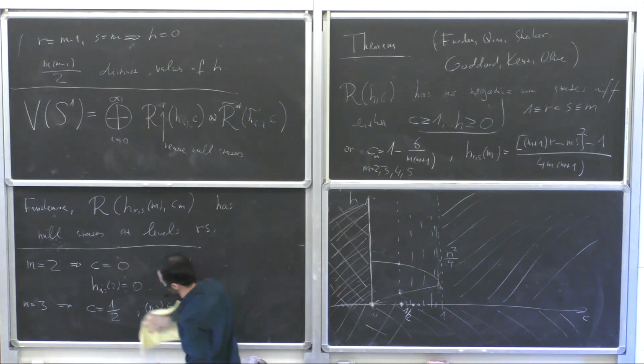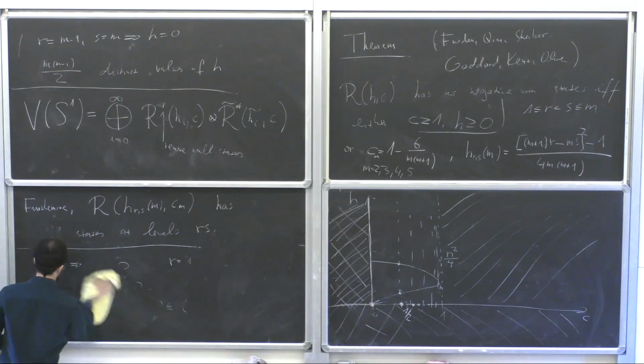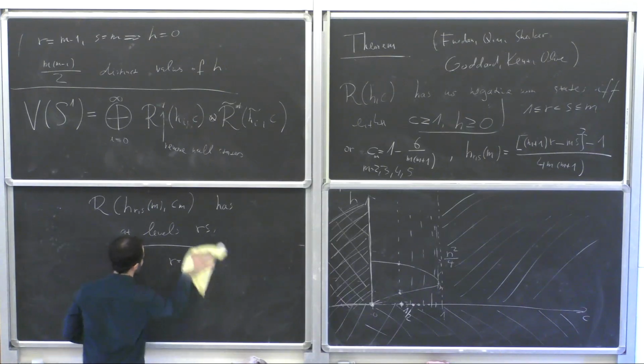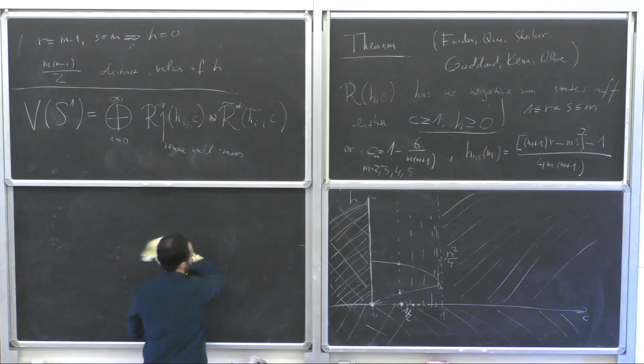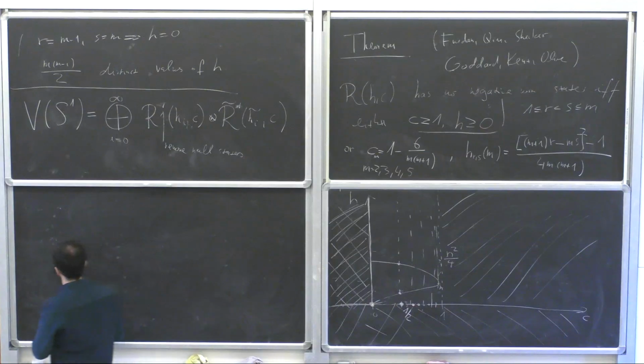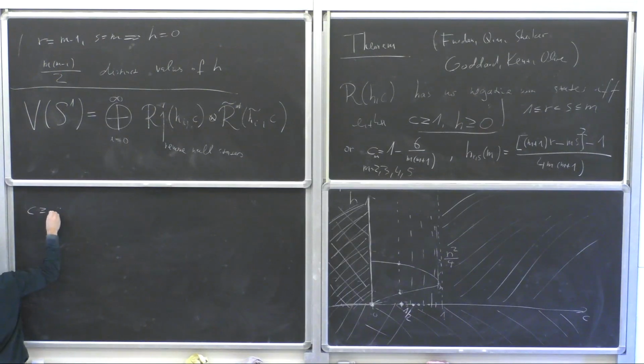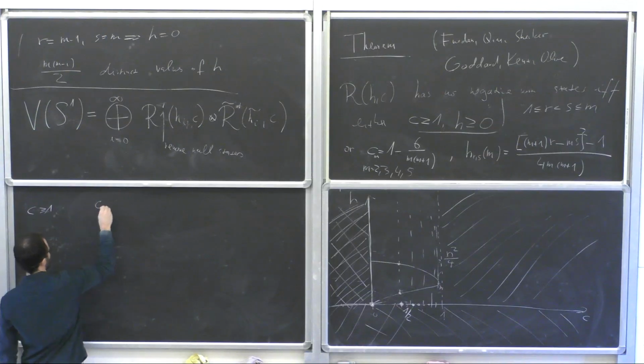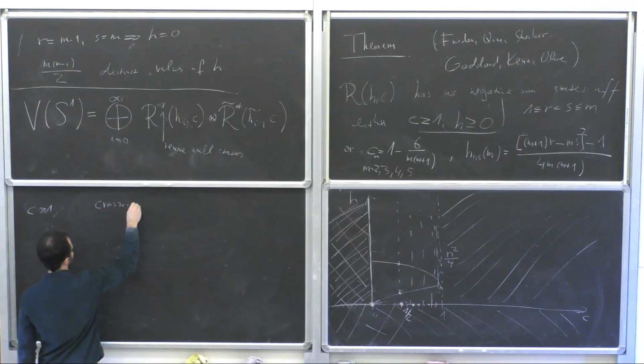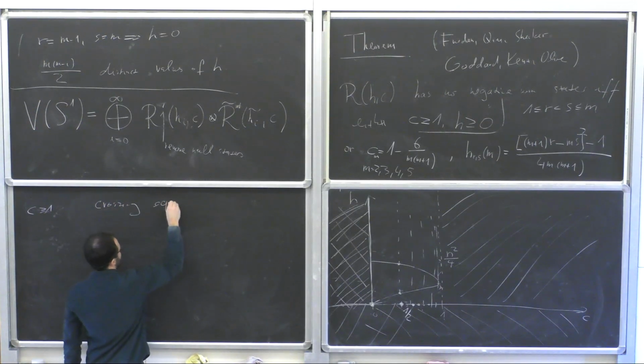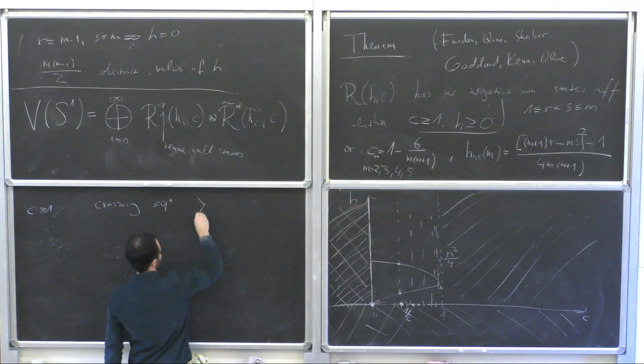In particular, there is the crossing equation. So when C is greater than 1, we have the crossing equation as a constraint. So that's this one.